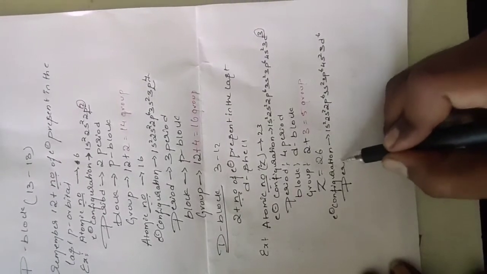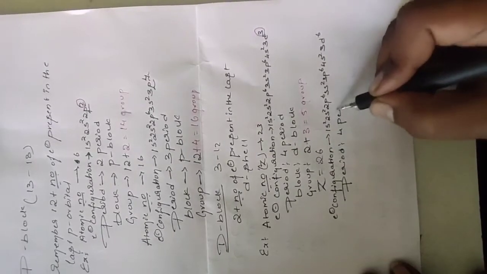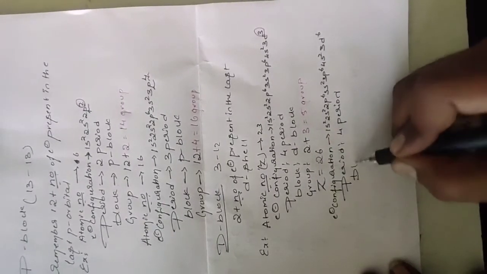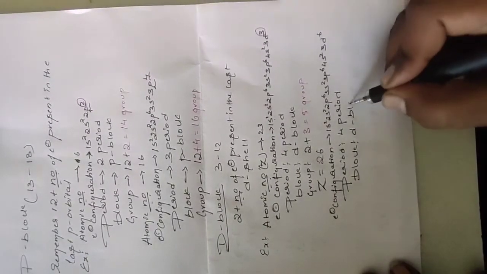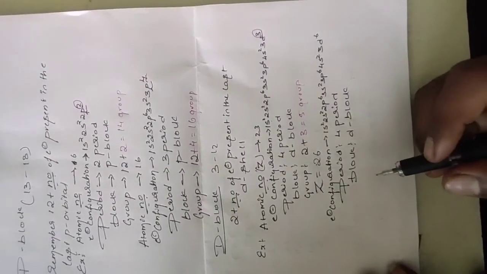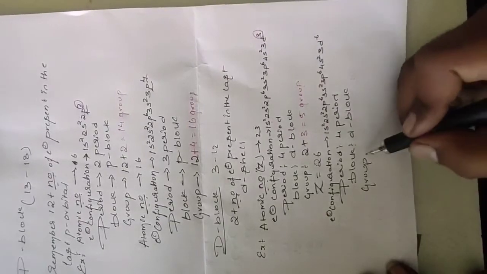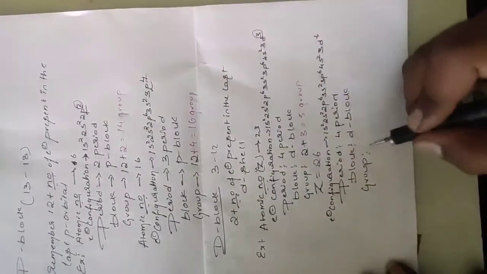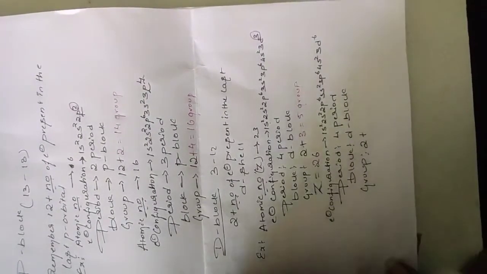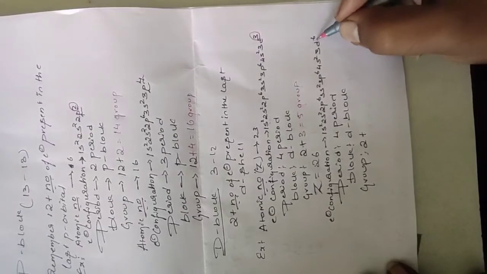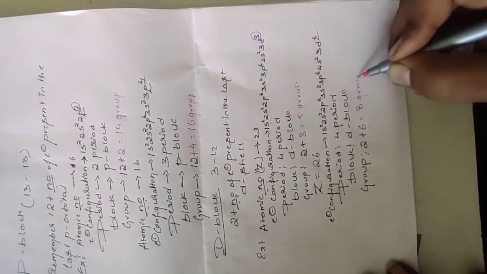The period, by the highest n value, is 4 only. Fourth period. The block is d block. Next we find the group: 2 plus, how many last electrons are there? It is 6. It gives the 8th group.